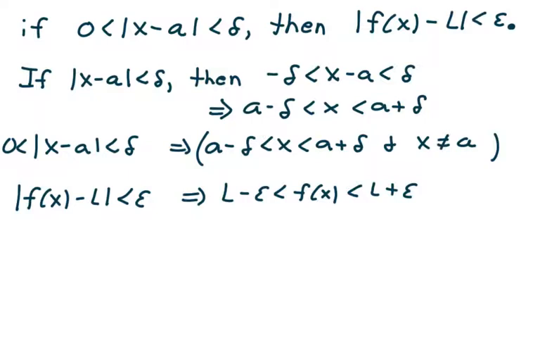So if 0 is less than the absolute value of x minus a, which is less than delta, then x is between a minus delta and a plus delta, and you just add the condition that you don't want x to be a. And by the same token, the absolute value of f of x minus L is less than epsilon means f of x is between L minus epsilon and L plus epsilon. So that's how that works.